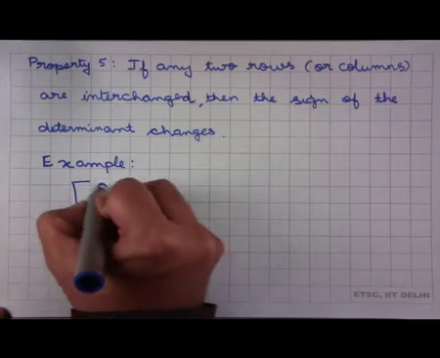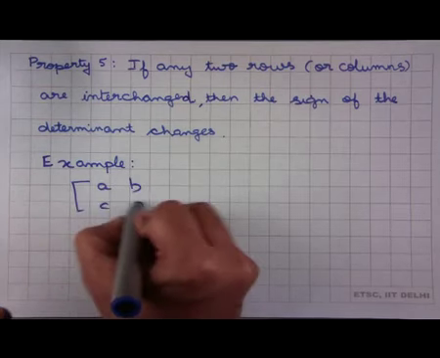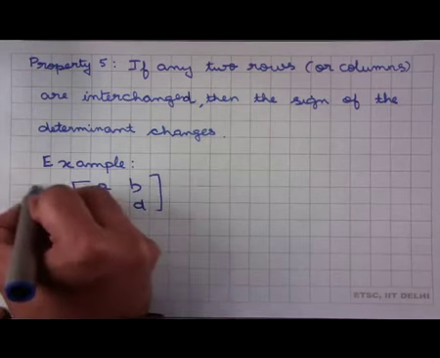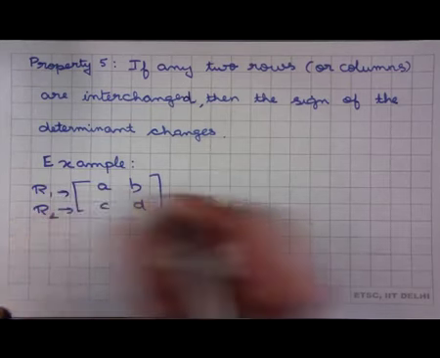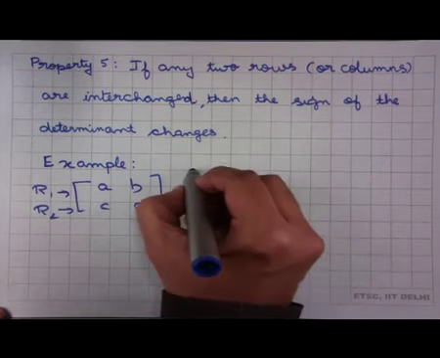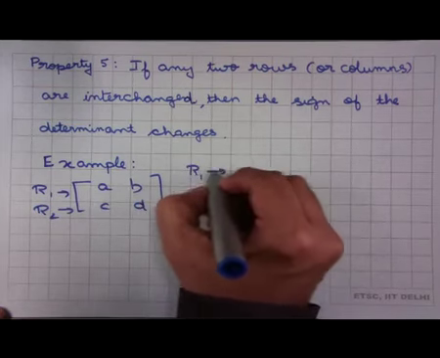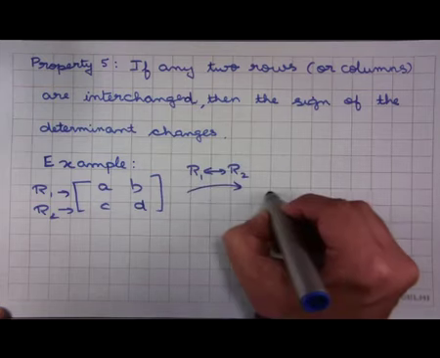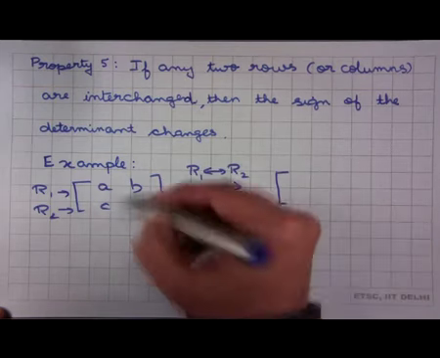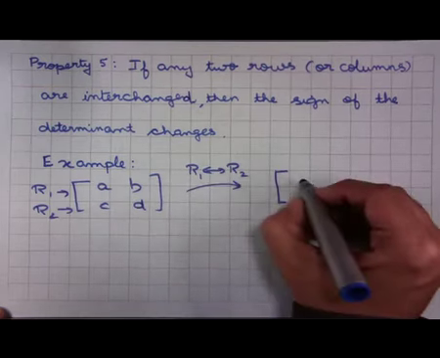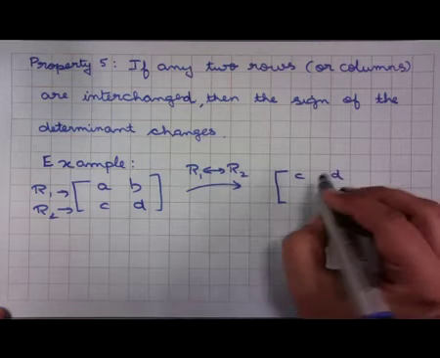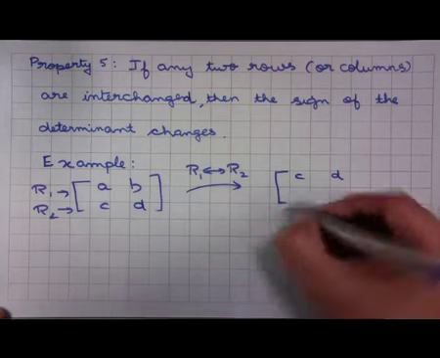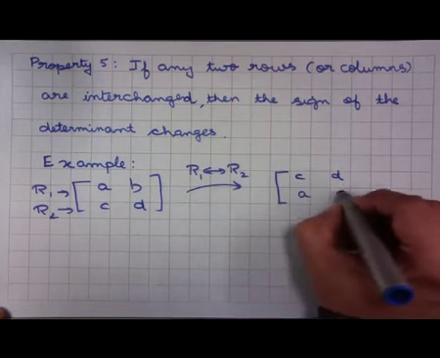So, we have our 2 by 2 matrix A, B, C, D. Let us call this row 1, let us call this row 2, and the transformation that we are doing is that we are interchanging R1 and R2. So, instead of row 1, A, B, we have row 2, which is C, D, and instead of C, D, we have A, B.